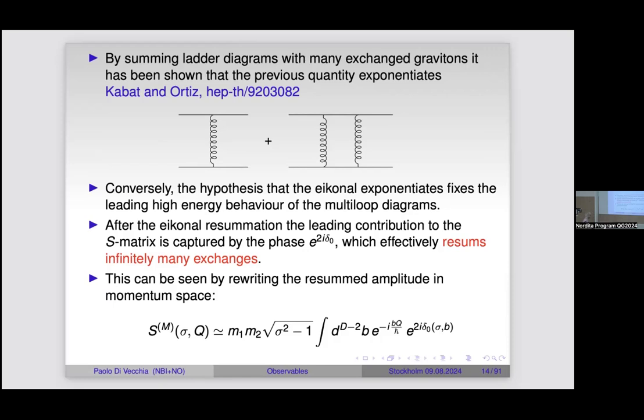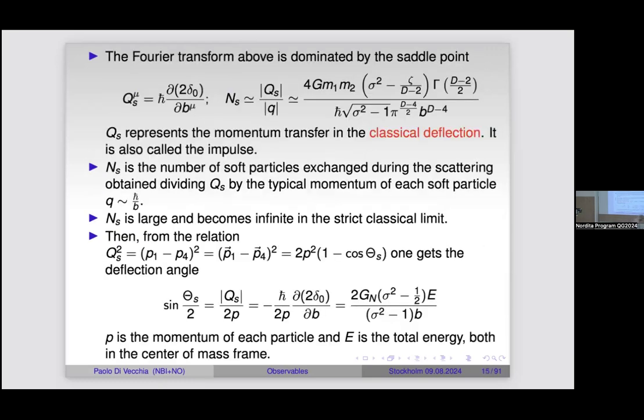Then you go back to momentum space here, and so it's again a function of Q, the momentum transfer. You compute for large b, and the Fourier transform is dominated by the saddle point. The saddle point equation is this one.